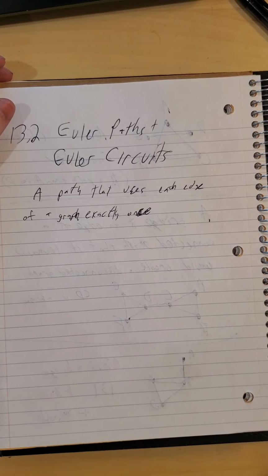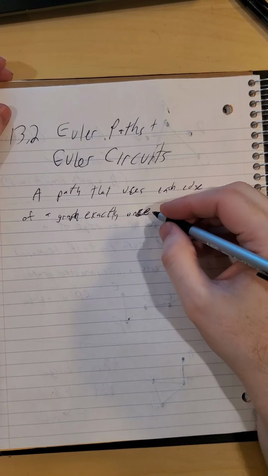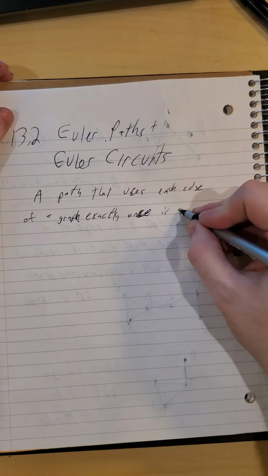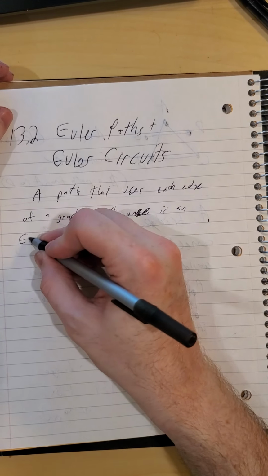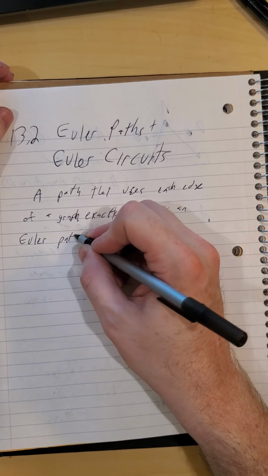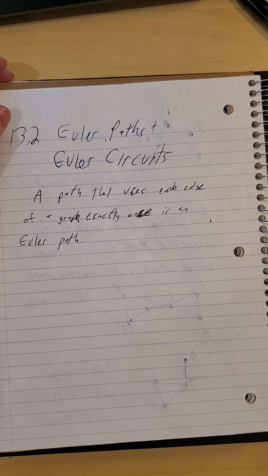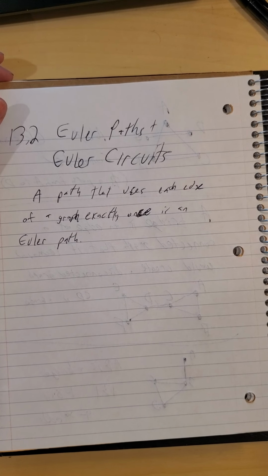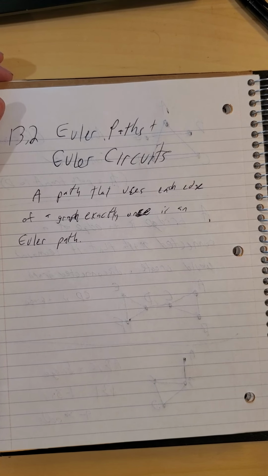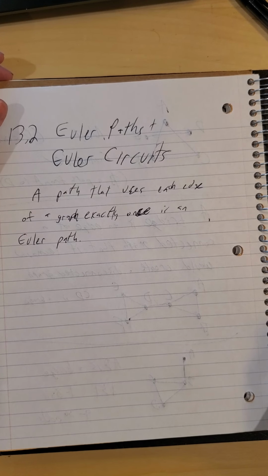So a path that uses each edge of a graph exactly once is an Euler path. So it still has to meet the definition we saw in the previous section about what it takes to be called a path.